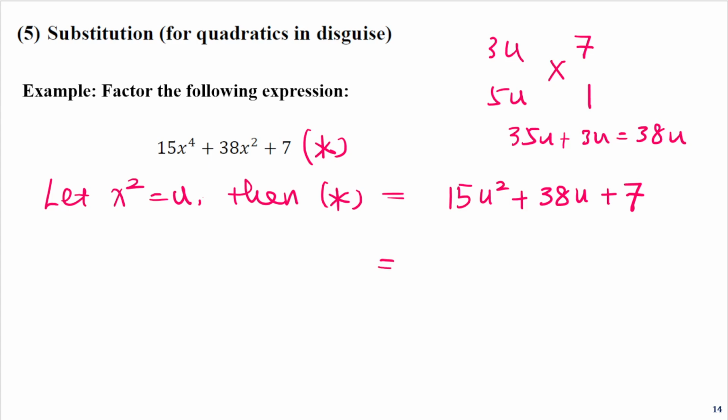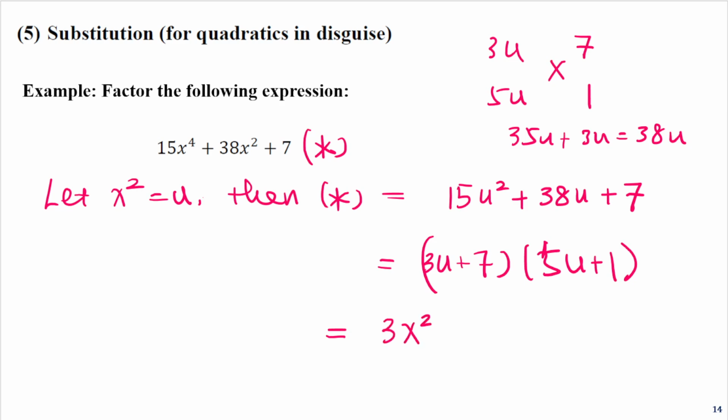And therefore that equals 3u plus 7 times 5u plus 1, right? And of course it's not finished yet because the original expression is in terms of x. So we need to substitute u using x squared. So that equals 3x squared plus 7, then 5, u is x squared, right? So 5x squared plus 1.